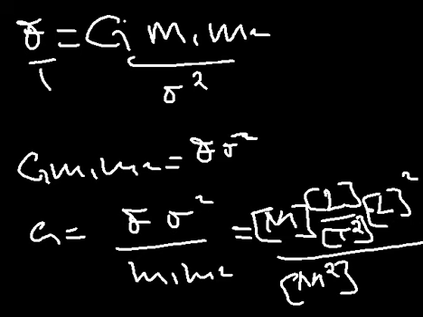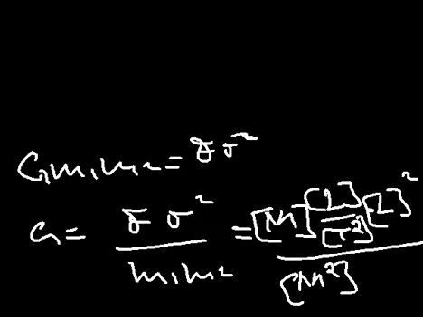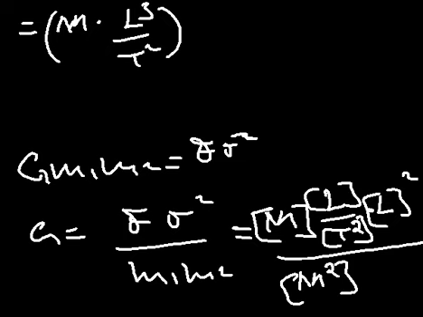So it is just a matter of using algebra to express that. In this case, we have mass times L cubed divided by T squared, and the overall expression divided by M to the power 2.